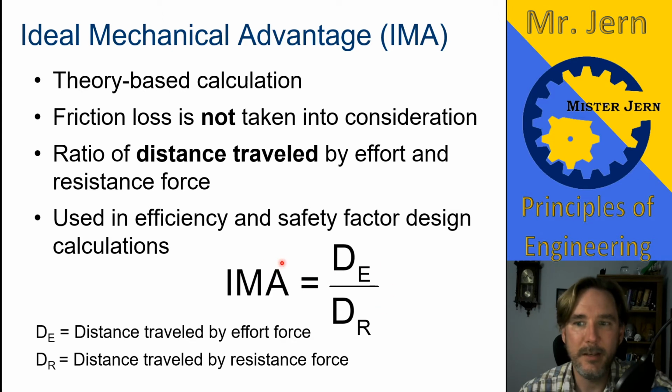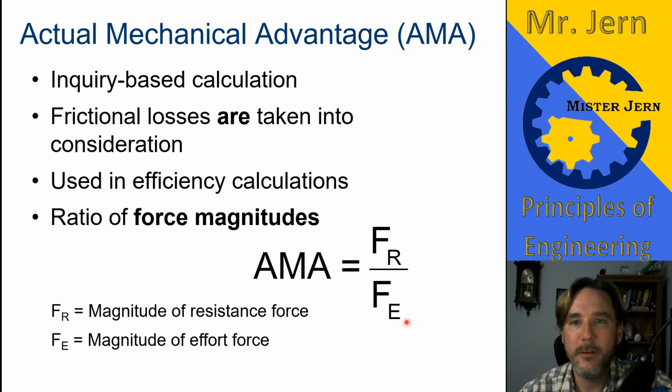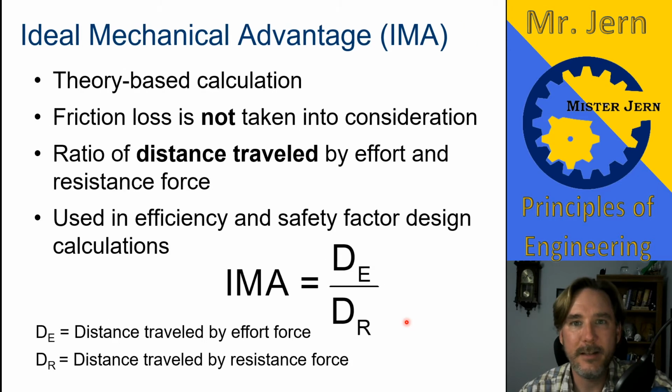IMA is DE over DR, DE over DR. It kind of rolls off the tongue if you say it enough times. Let me give you an example in a minute, but that's ideal mechanical advantage.